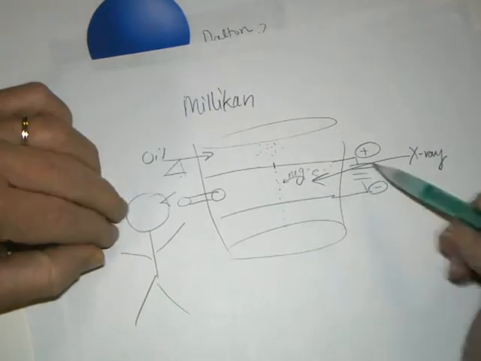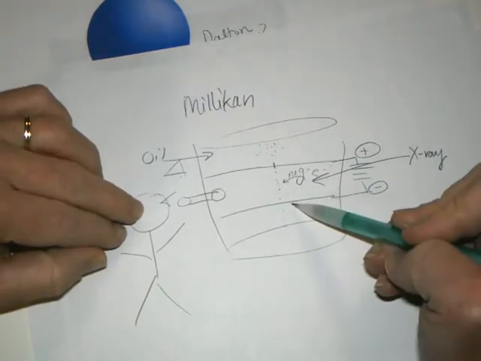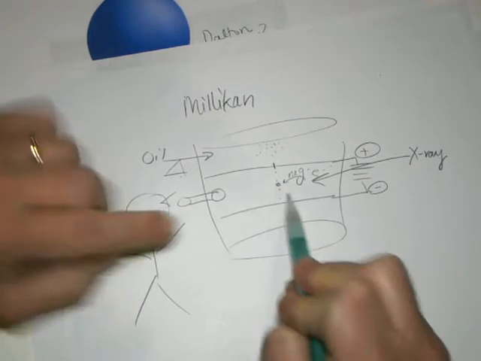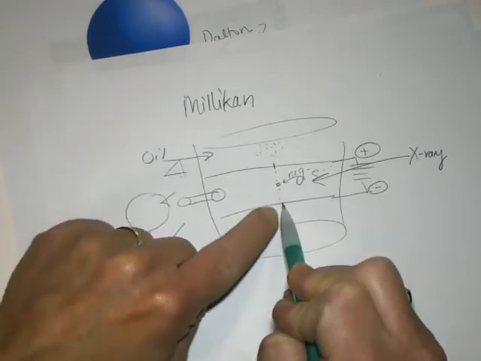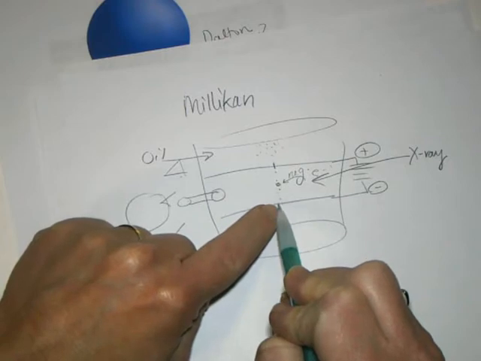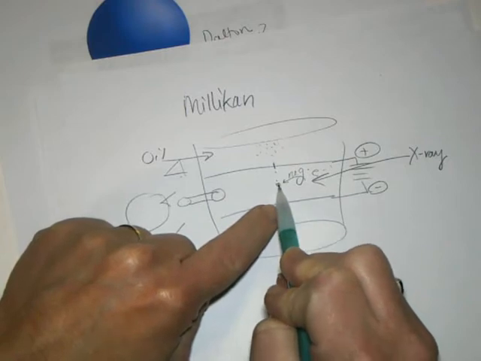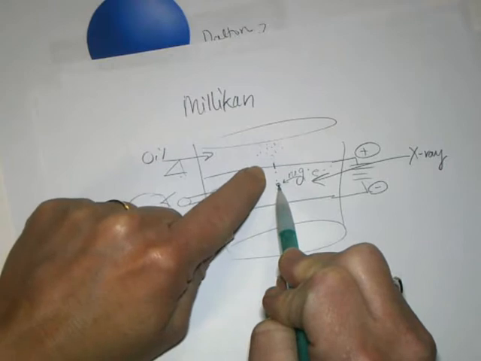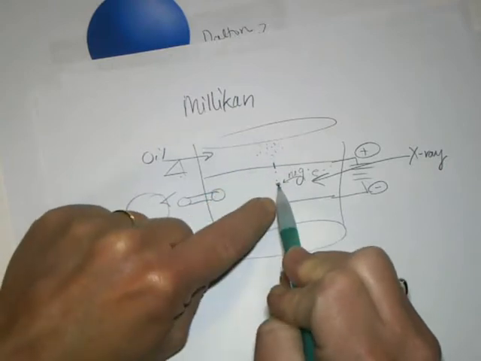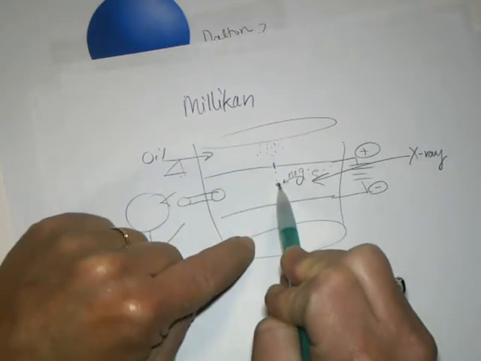What he would do was vary the voltage on the plate such that he could suspend the oil droplet, because when he got the negative charge to be just enough, it would repel the negative oil droplet. The positive charge just enough, it would attract. So the repulsion and the attraction would suspend the drop.